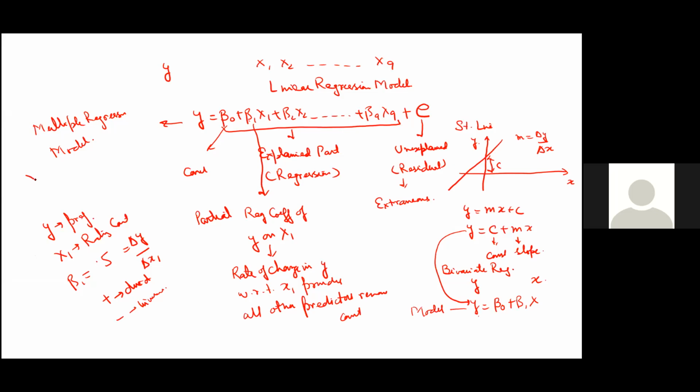Just for example, suppose there are two vitamins, x1 and x2. Suppose this is vitamin x1 and this is vitamin x2, and you are considering their impact upon weight gain or strength.